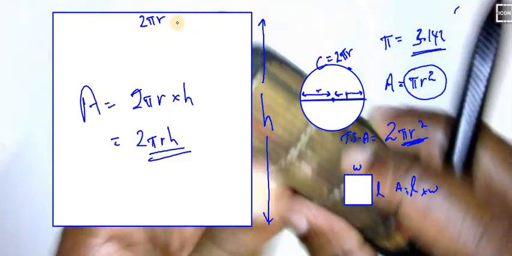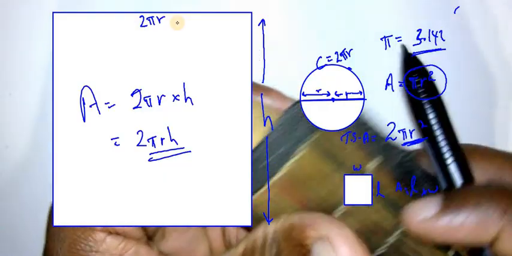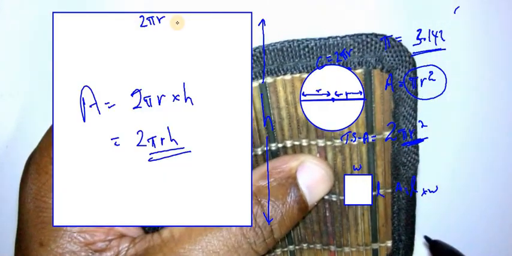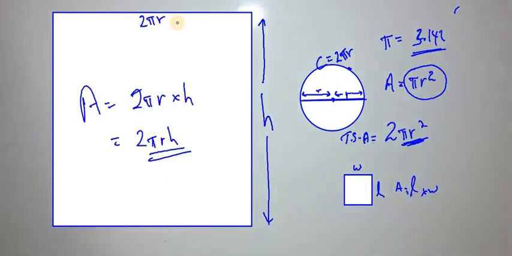And this is going to be the height. So this side of the rectangle is the height, and this side here is the 2 pi r. I'm finding the area of a rectangle, this length by this length, so it's 2 pi r h.